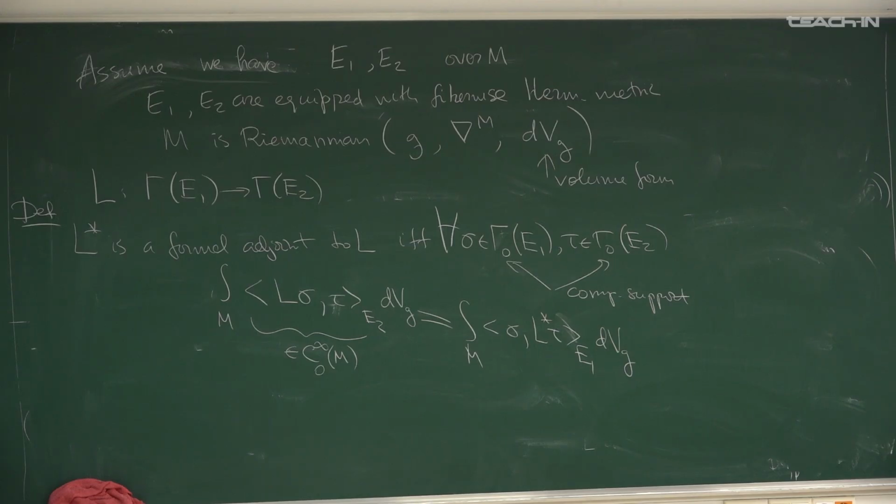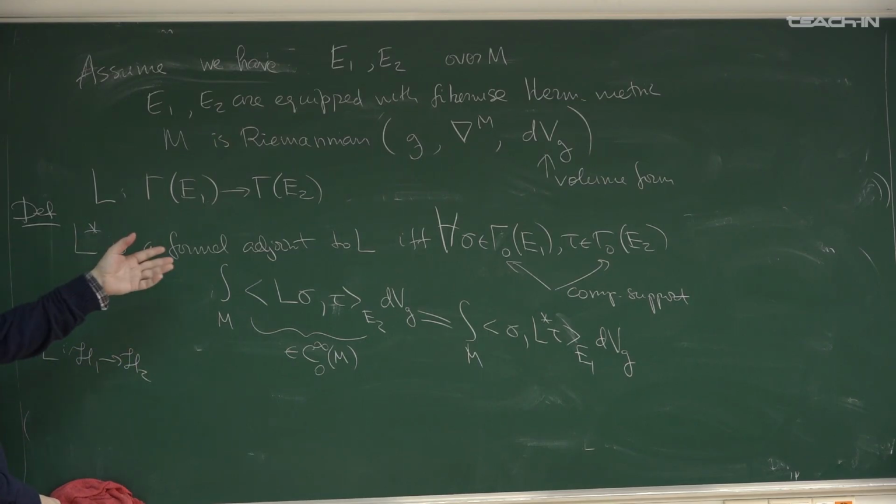Formal adjoint is defined in functional analysis in a very specific situation. If we speak about infinite dimensional vector spaces, Hilbert spaces, H1 to H2, it has an adjoint from this one to that one, and we can define it, and so on.